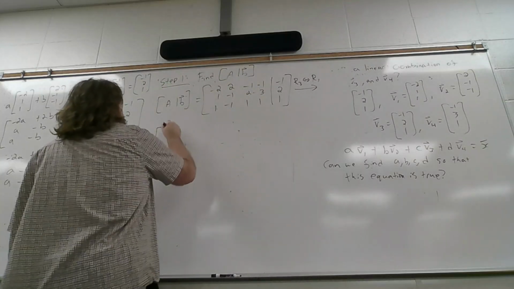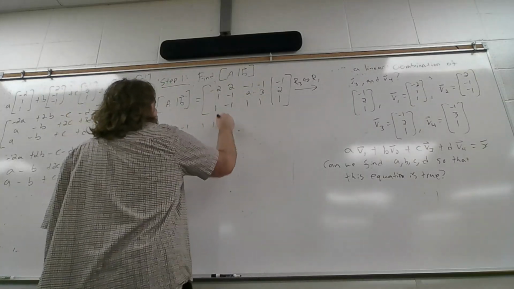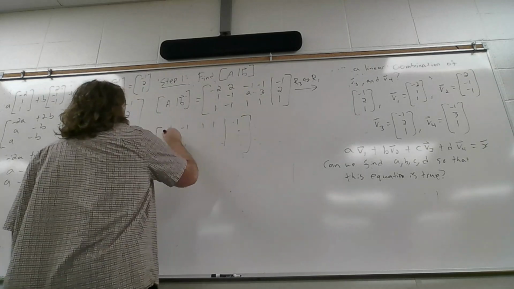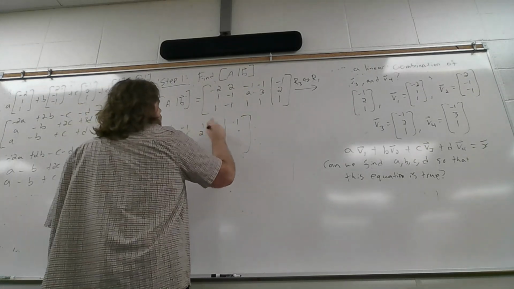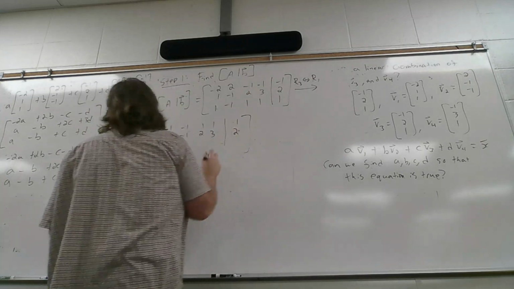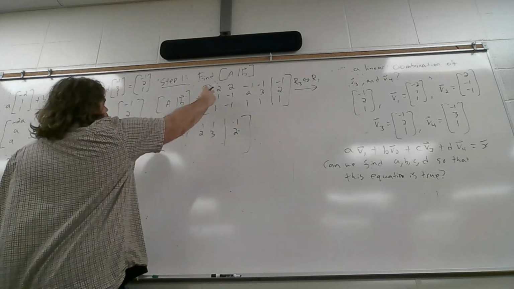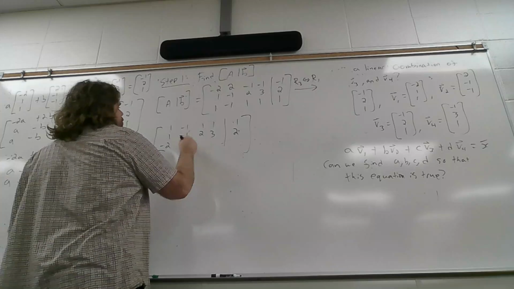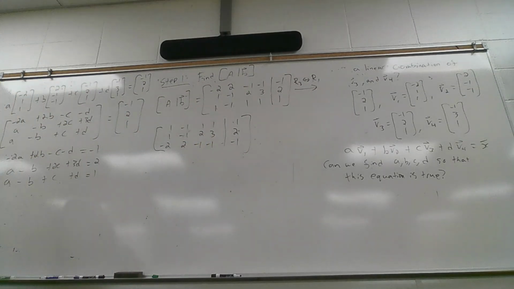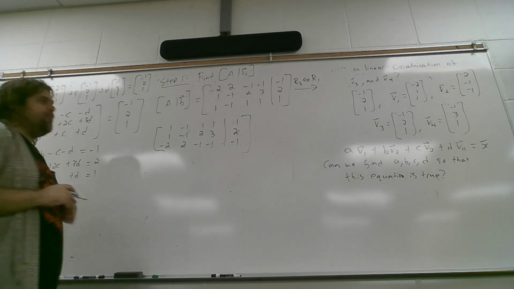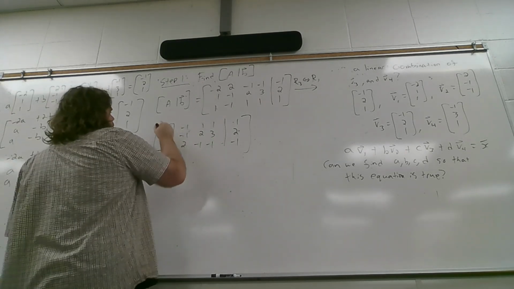Okay, so what do we get? 1, minus 1, 1, 1, 1. We didn't touch row 2. It's 2, and then 3. And then we swap this down here, minus 2, 2, minus 1, minus 1, minus 1. And now we can do our process, right? We're going to say, all right, I got my nice looking 1.